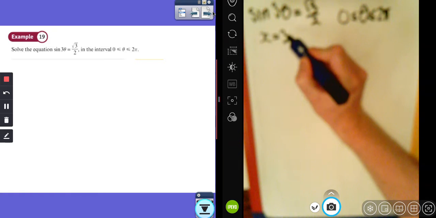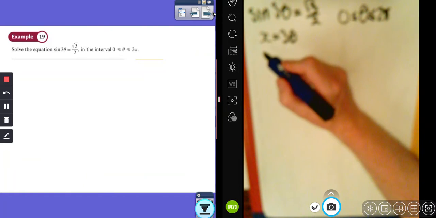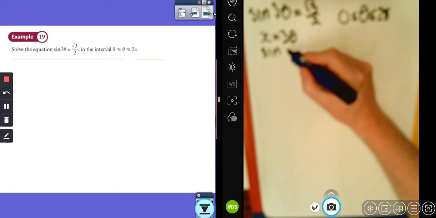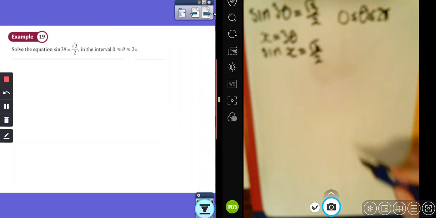So write it as x equals 3 theta. But now we've got the fact that sine x equals root 3 over 2. Still not seeing that properly. Hopefully that will resolve itself quite quickly.